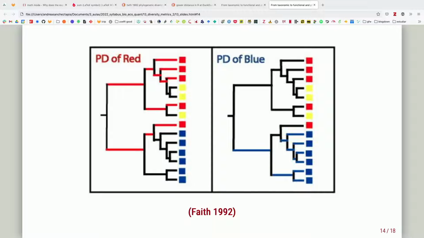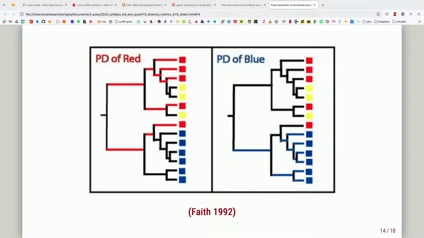So if you have two dendrograms, the phylogenetic diversity of the community that has the red elements would be higher than the phylogenetic diversity in the blue clades, because you don't sum this large branch a couple of times.